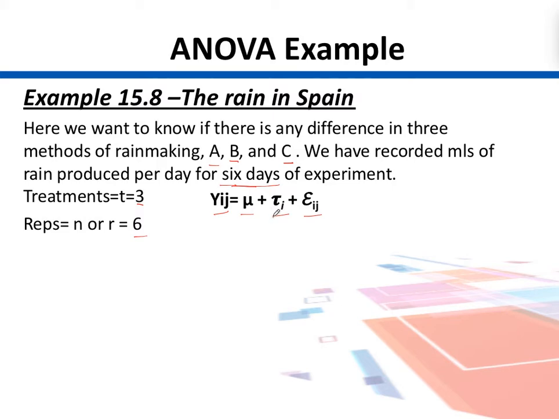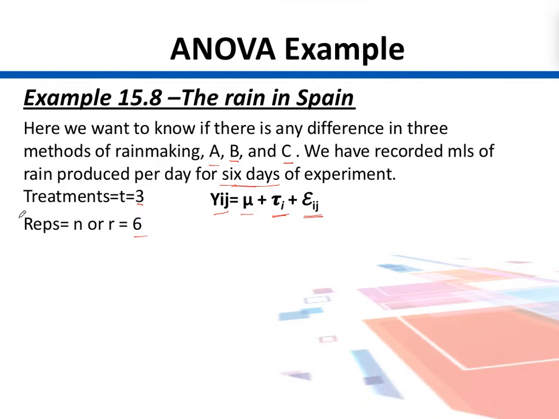It is having a treatment effect, and there is an error or noise associated with it. That is the unexplained variation in our experimental design. So here we are considering CRD, completely randomized design, and this is the linear model for the CRD.